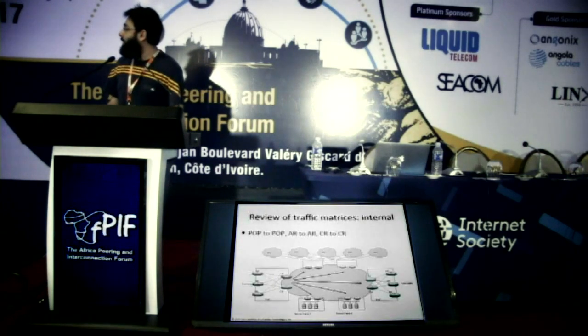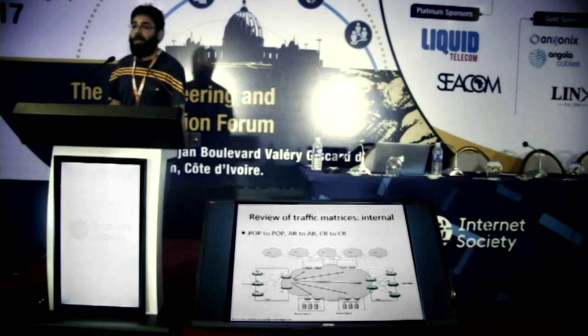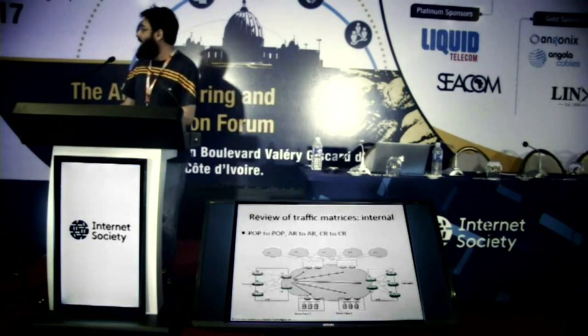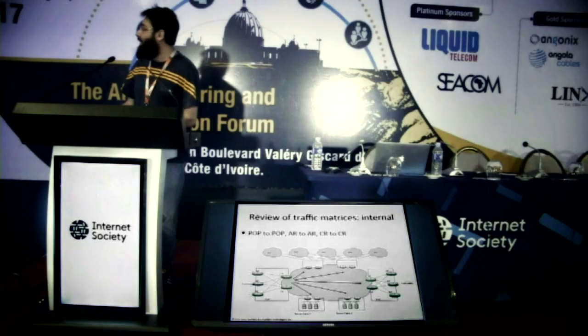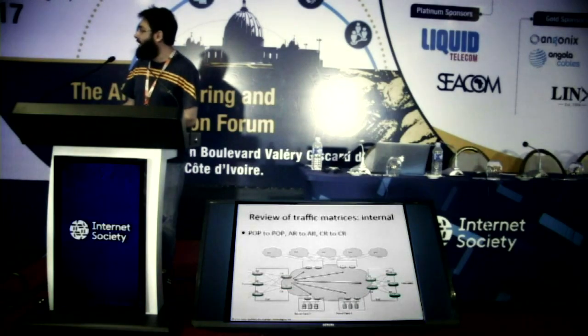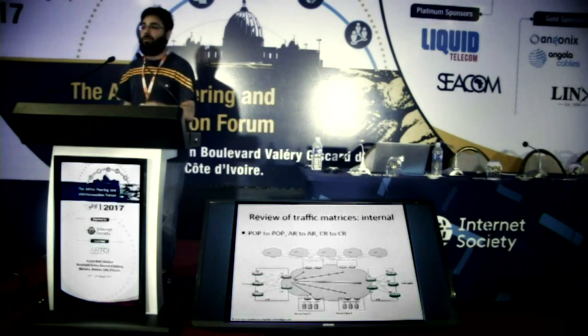So, a review of what a traffic matrix is. We have two kinds of traffic matrices. There is the internal one. It's node to node. The internal traffic matrix essentially tells you there is traffic from this node to that node, so it's internal to your network.